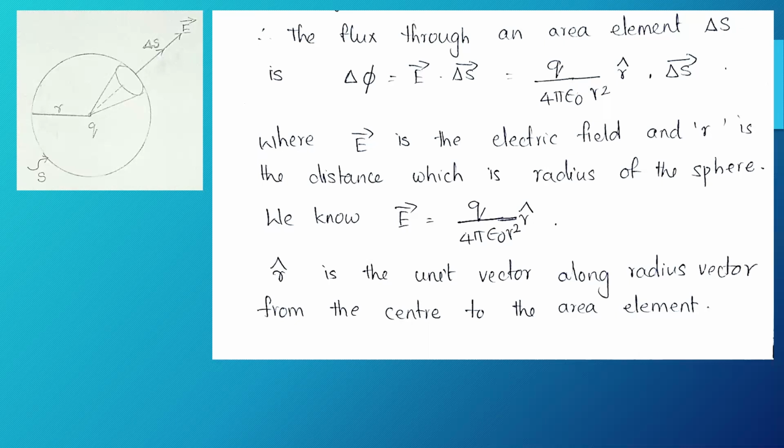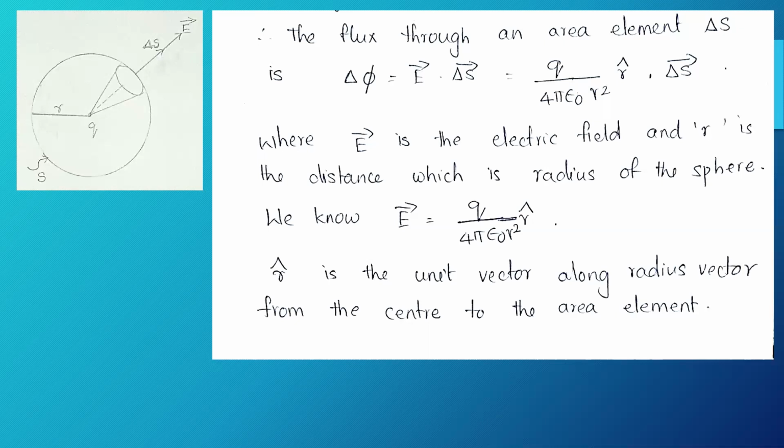Now, coming to the point, we have to find the flux for the whole sphere. For that, first we have calculated the flux through a small area, that is delta phi is equal to E bar dot delta S bar, that is equal to q by 4 pi epsilon naught r square into r cap into delta S bar. Delta S bar is nothing but the area element whose direction we take along the normal.